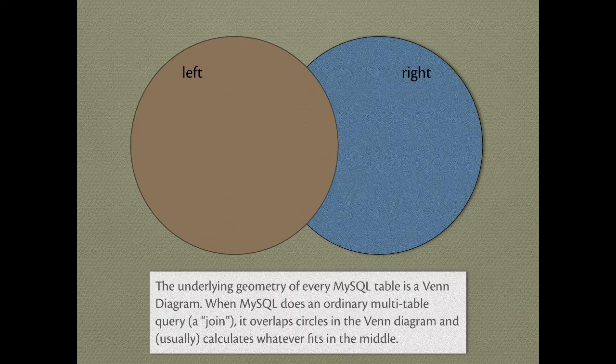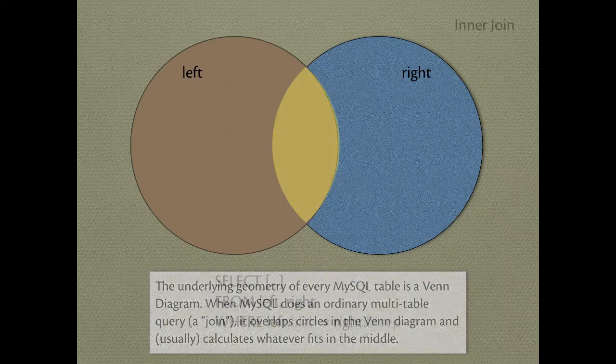It figures out what the answer is by constructing the Venn diagram properly. Now, in MySQL terminology, every time we construct a Venn diagram, or lay circles on top of one another, it's called a join. And so a multi-table query is more precisely called a join. And so we will use that terminology today.